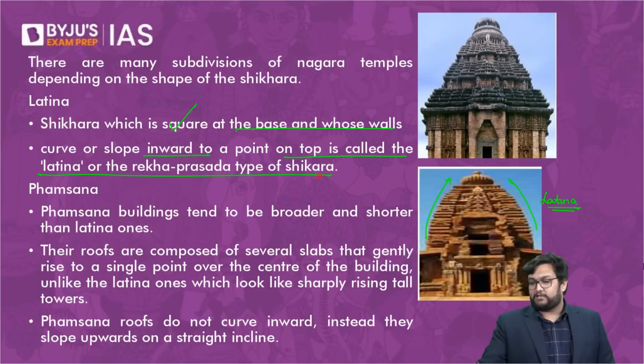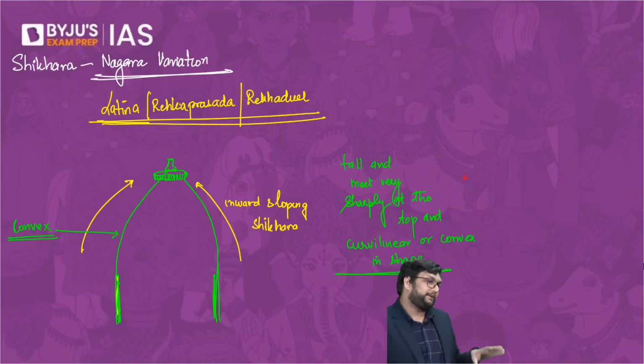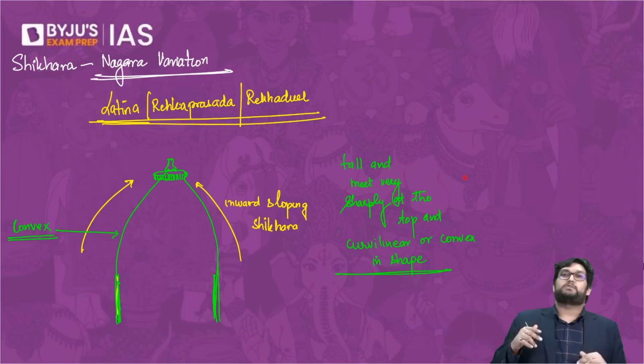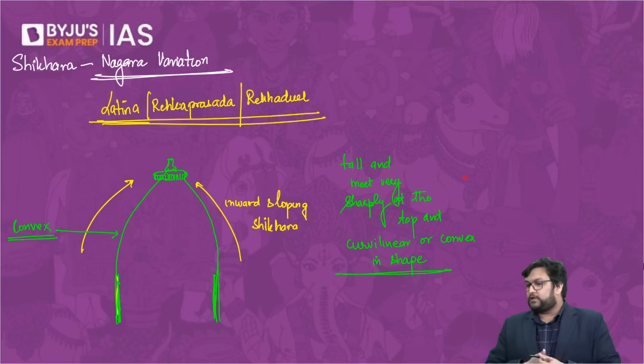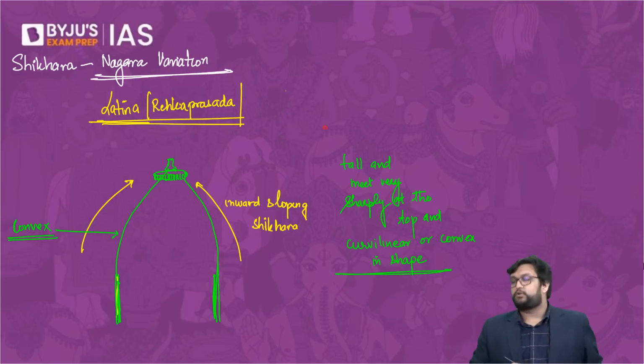So they are parallel to each other at one point of time and they will very quickly meet at the top. So this is the first one, which is Rekha Prasada, Rekha Dyul or Latina. Rekha Dyul is though a word used mostly in Odisha. So as of right now, I'll remove this term from you and I'll bring this word back to explain the story related to Odisha.